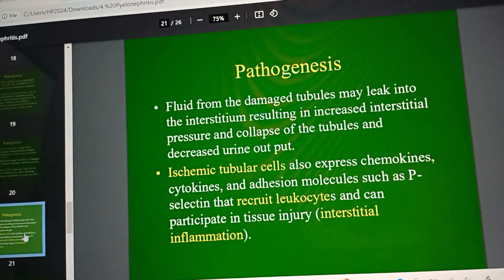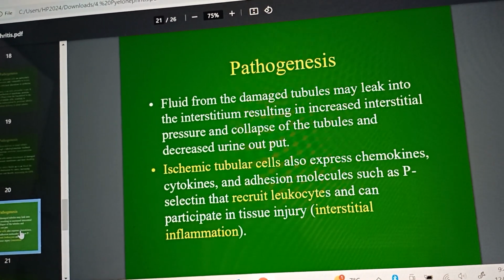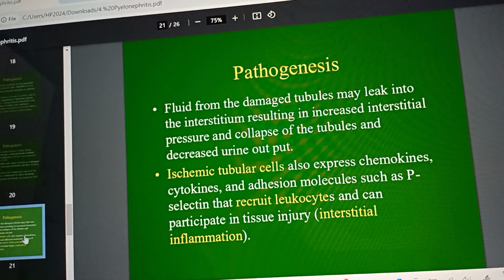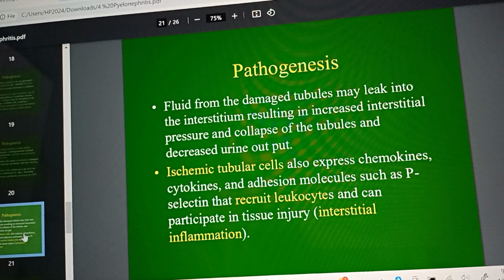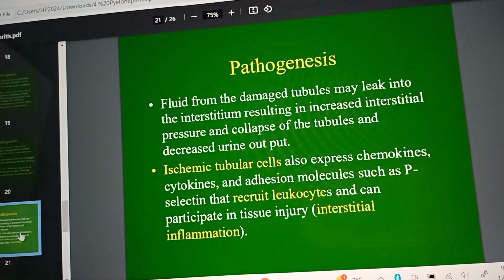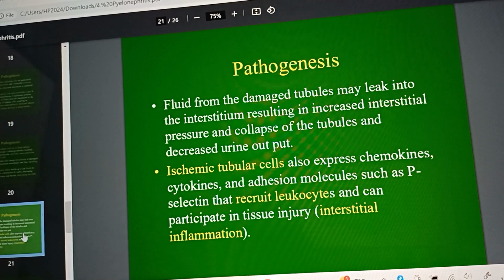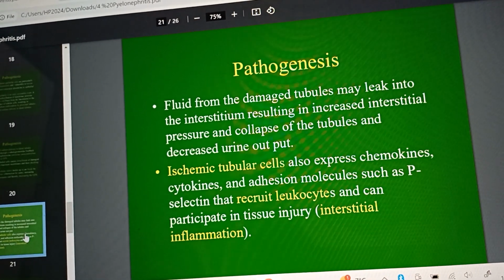Now the tubules are damaged, so whatever fluid or urine was there will come into the interstitium. So the interstitial pressure will increase, and because of the increased pressure the tubules will collapse and urine output will decrease more, right?